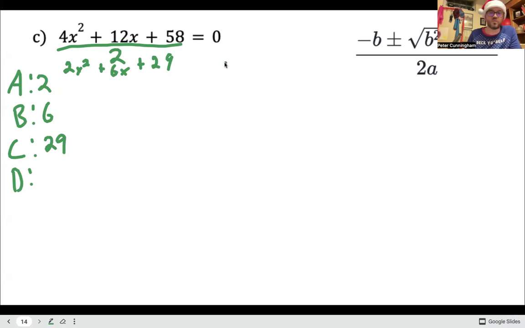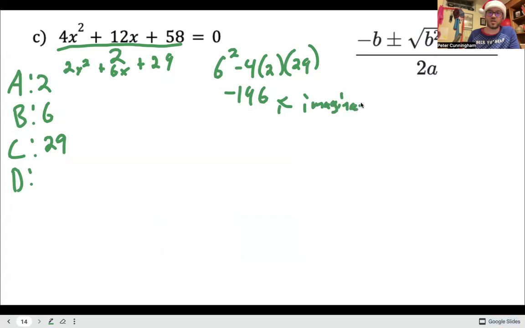Discriminant. All right, so b squared, 6 squared minus 4ac. We get negative 196. So that tells me that my solutions are going to be imaginary. The square root of negative 196.